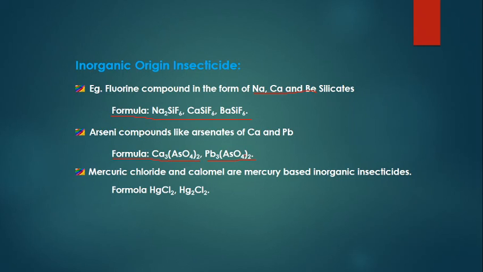These compounds are also used as inorganic insecticides. Now mercury chloride HgCl2 and calomel Hg2Cl2 are mercury based inorganic insecticides. Mercury based means the compounds contain mercury in them.